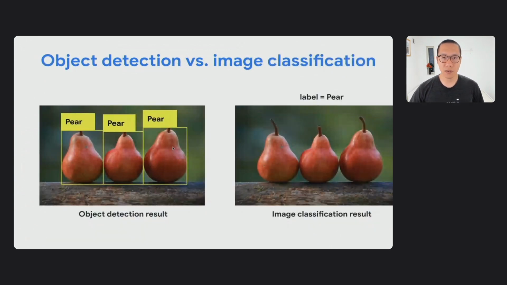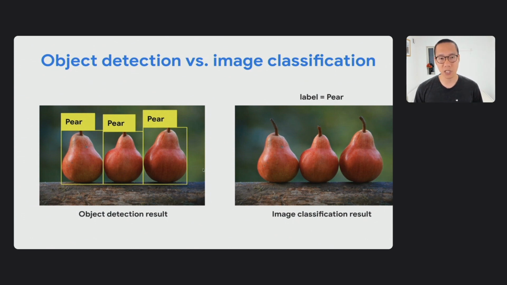When talking with developers, especially who are new to machine learning, I often get questions about what is the difference between object detection and image classification. Object detection tells you the location of the objects that it finds in the image in terms of the bounding box surrounding the objects, but image classification only returns you the list of labels telling you what is inside the image, without the location of the objects.